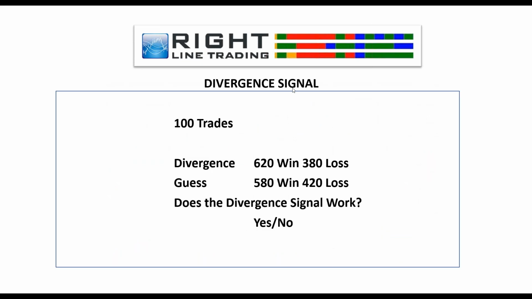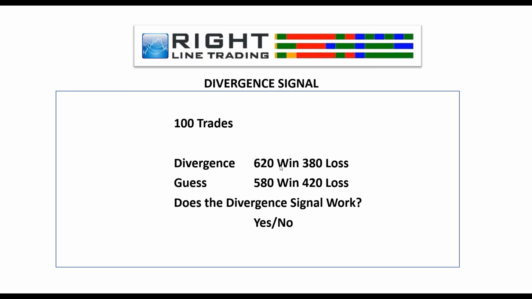Now, if you look at a divergent signal on 1000 trades, if you take a divergent signal and you get 620 winners and 380 losers, and then you guess based on your intuition, and you get 580 winners and 420 losers, is the divergent signal effective?